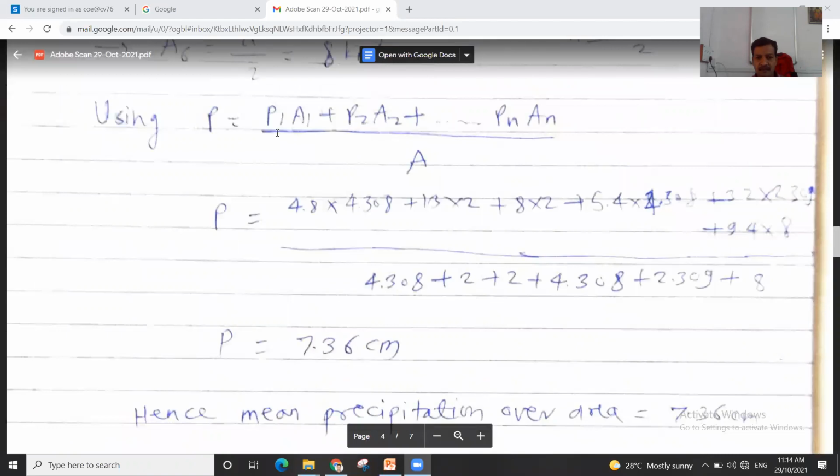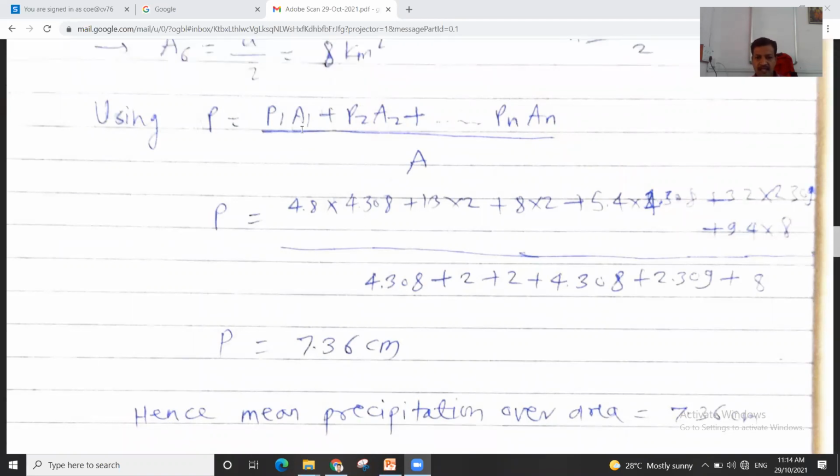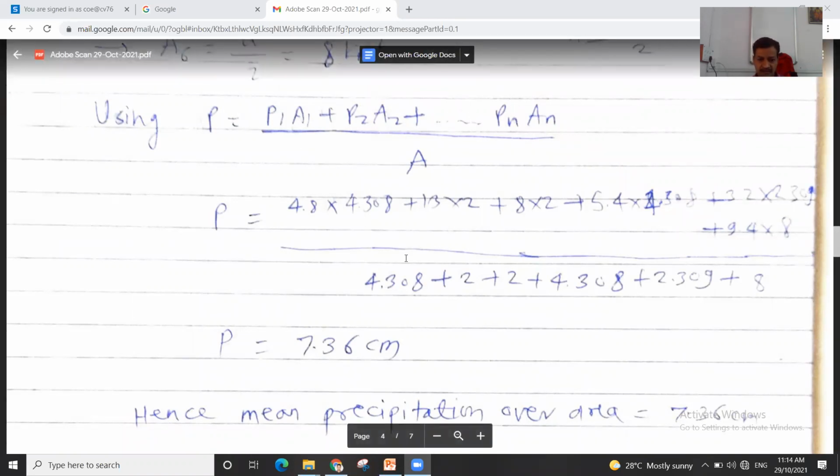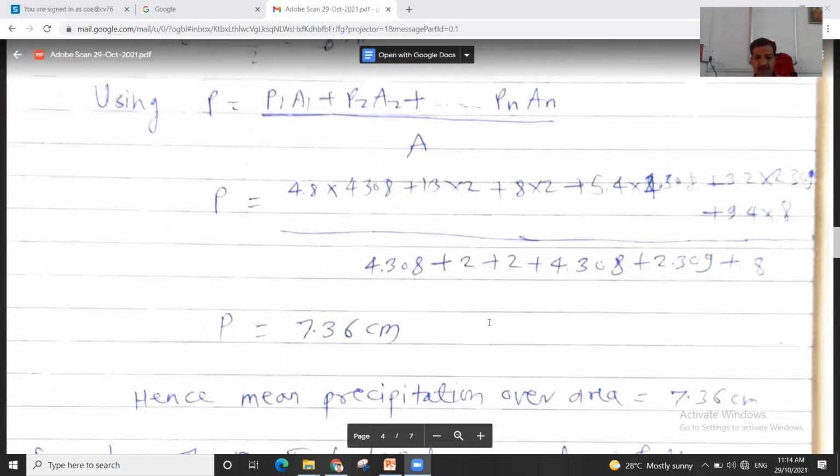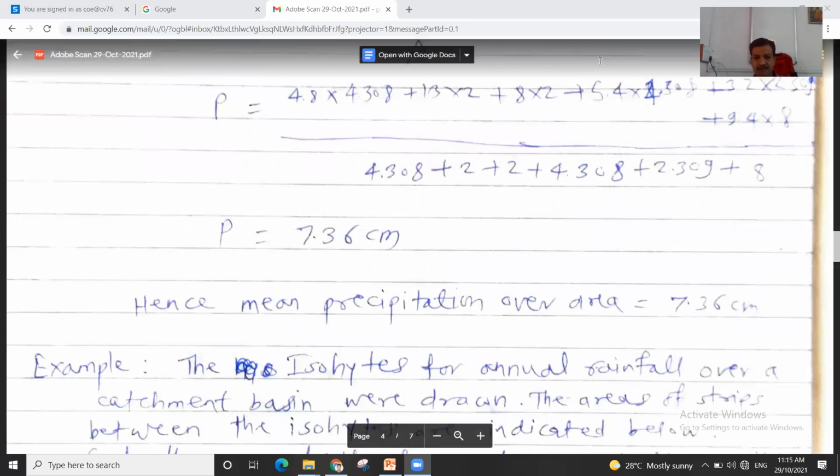By putting the value of precipitation P1, P2, P3, P4, P5 up to P6, then by putting the values of areas A1, A2, A3, A4 up to A6, and by adding the areas, summation of all the areas, by dividing this, we get mean precipitation or area, that is 7.36 centimeter. Mean precipitation किती आलं? 7.36 centimeter. Solve केले सगळ्यांनी? Any problem in this?